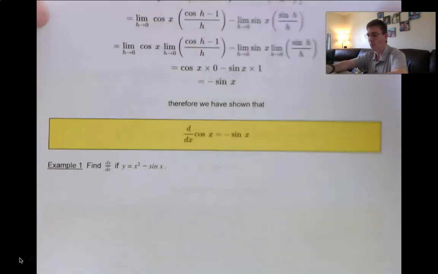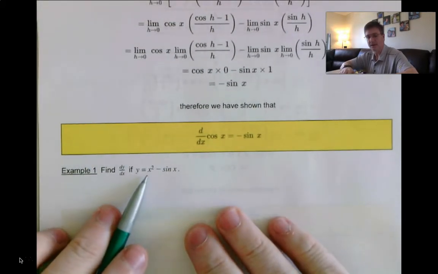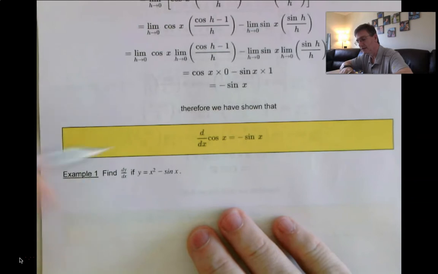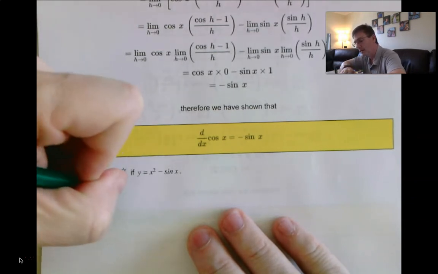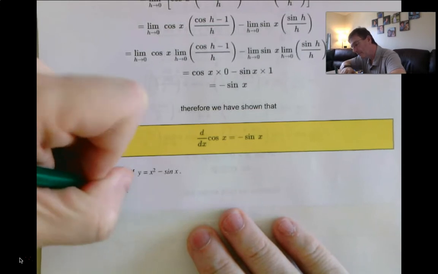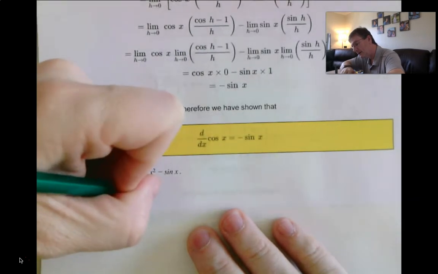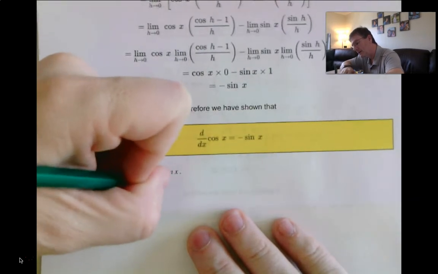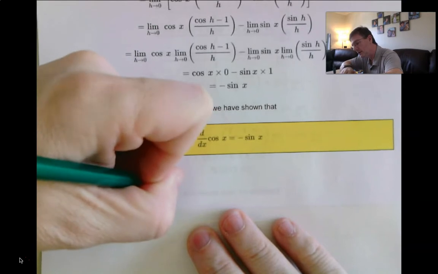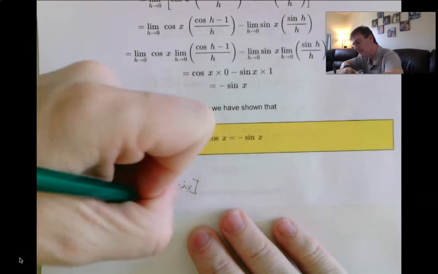All right, example 1. We're going to take the derivative of x squared minus sine of x. This is just a power rule and a difference rule. So we're going to do dy/dx of x squared minus sine of x.